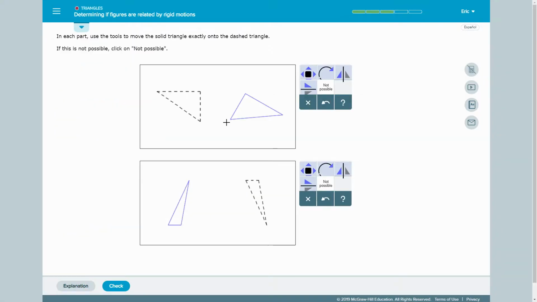Determining if figures are related by rigid motions. In each part, use the tools to move the solid triangle exactly onto the dotted dashed triangle. If it is not possible, click on Not Possible. As you may remember from the translation, rotation, reflection, none of the above topic, a rigid motion has your shape transported to a different location.